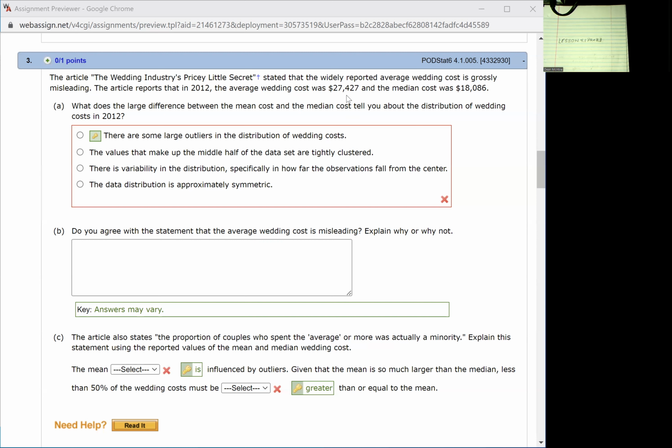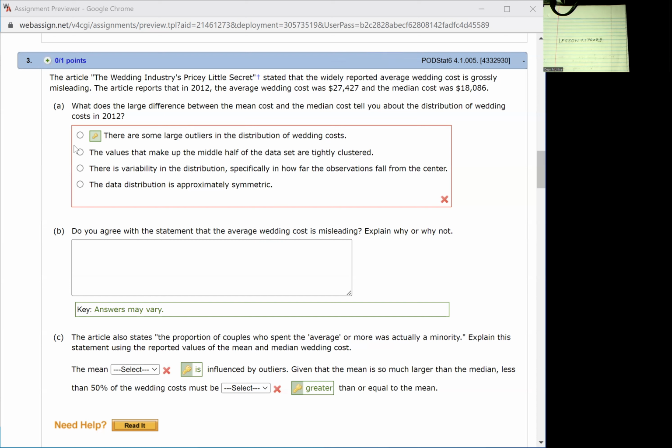Since the mean is so much larger than the median cost, remember, I told you about outliers. Those outliers can greatly influence the mean and make it larger.